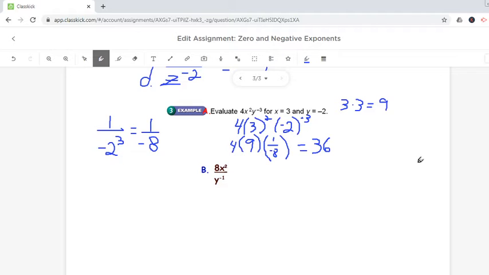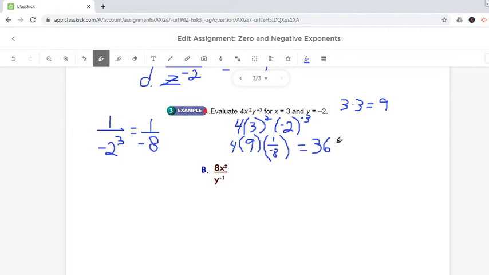And then we could do 36 divided by 8. Timesing it by 1/8 is the same as dividing it.